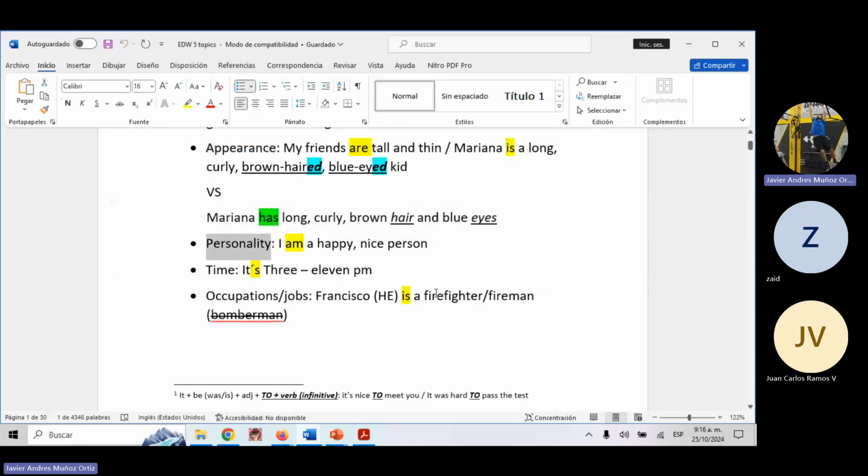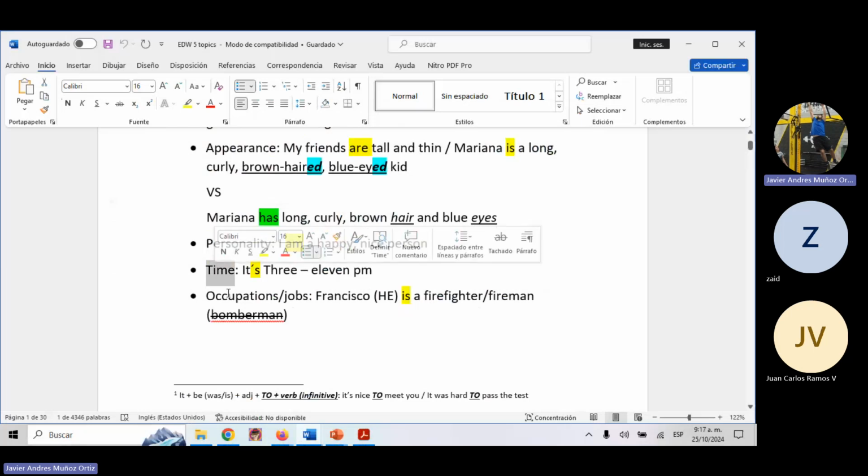And to talk about personality, you need to meet this person, to have an interaction with him or her, to know his or her behavior, because we are talking about behaviors here. Esa persona es reservada. That person is reserved. That's part of his or her personality.